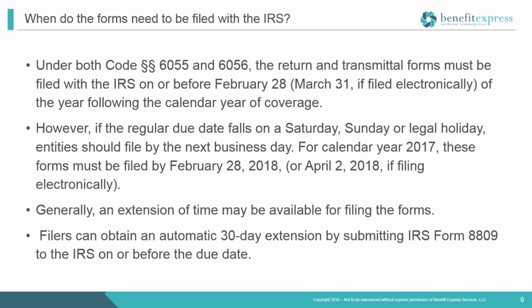So these are the original dates that always applied, but now they haven't granted any extensions. So please remember, this is extremely important to understand. Okay. So again, if you need an extension in this situation, you have to file an 8809.